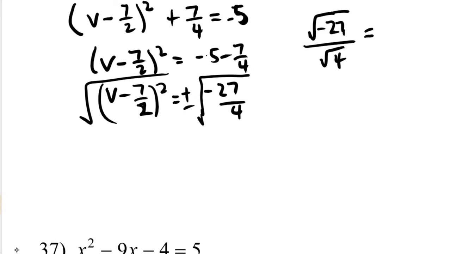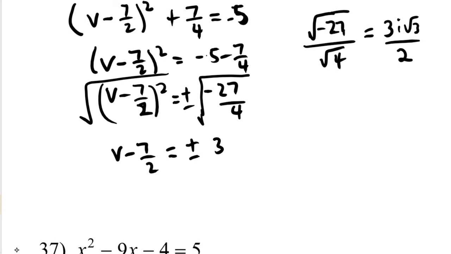The top part is 3i root 3 and the bottom is 2. If you need help with that, go and look at previous videos, okay? So now we're going to have v minus 7 over 2 equals plus or minus 3i root 3 over 2.